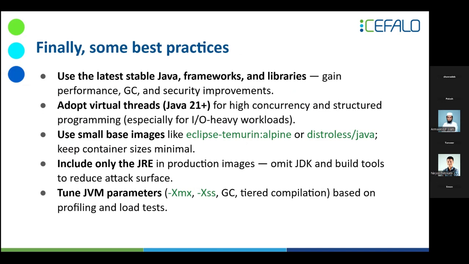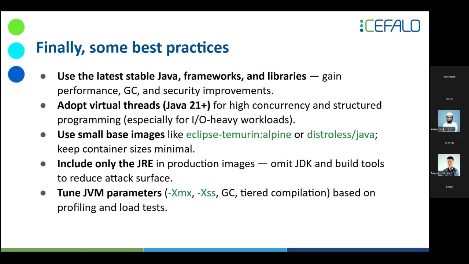So the first point is using the latest stable Java frameworks and libraries, to gain the best performance possible, and also for having the best garbage collector and security improvements. Also adopt virtual threads if you're using Java version 21 or higher for high concurrency.